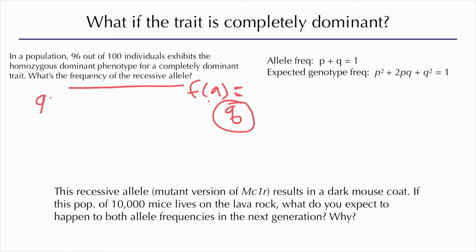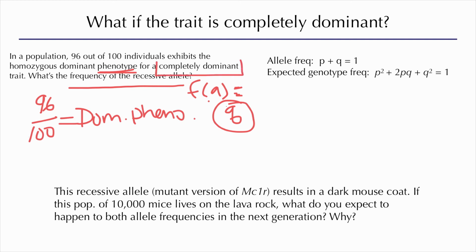96 out of 100, that's a frequency. Exhibit the dominant phenotype. So how do you get that dominant phenotype? Well, if it's a completely dominant trait, remember that means both the big A big A and the big A little a will be giving you the dominant phenotype.